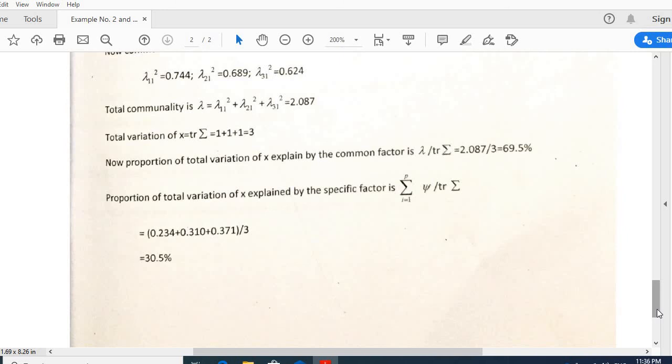That is 0.234 plus 0.310 plus 0.371 divided by 3, which is equal to 30.5%. So the proportion of total variation of x explained by the specific factors is equal to 30.5%, and the proportion of total variation of x explained by the common factors is equal to 69.5%.